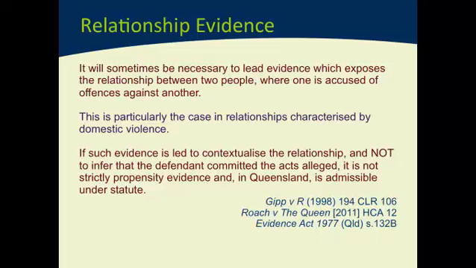It's actually just admitted in order to allow the court to understand the relationship context in which the alleged offences were conducted. So relationship evidence is a little bit different. It's evidence that relates to the defendant, but it's not the same as propensity evidence because it's not inviting the court to make the same sorts of inferences. It's just providing background.